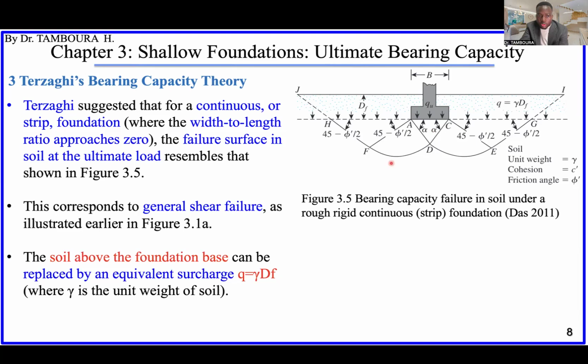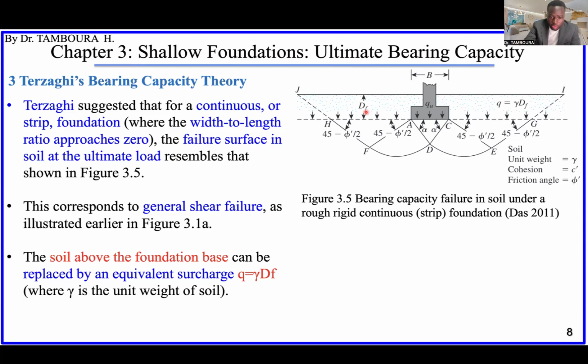The soil above this dashed line, which is at the same level as the base of the foundation, is considered as surcharge. This soil can easily be replaced by its own weight. It means q is the unit weight multiplied by DF, the depth of the foundation.